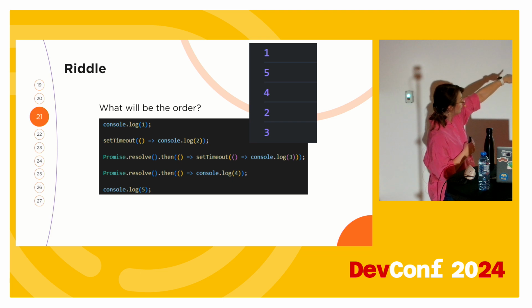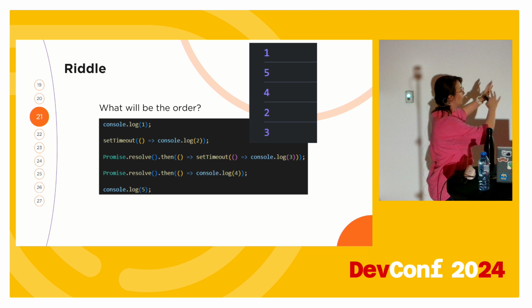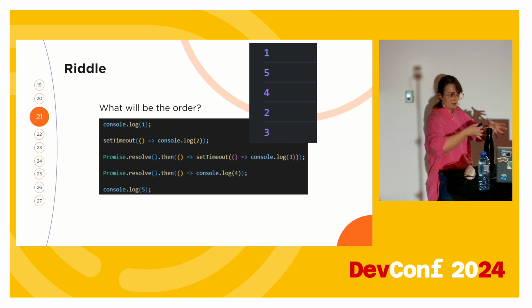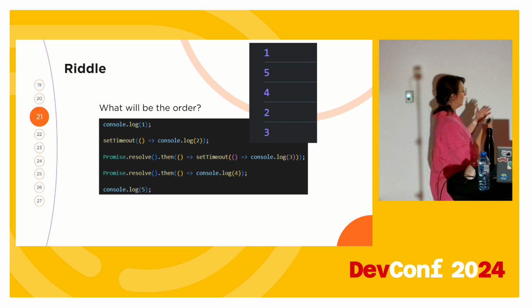Then we have Promise.resolve().then with setTimeout. So we schedule this microtask, but when this microtask is executed, it schedules setTimeout. So, okay, a new macro task.